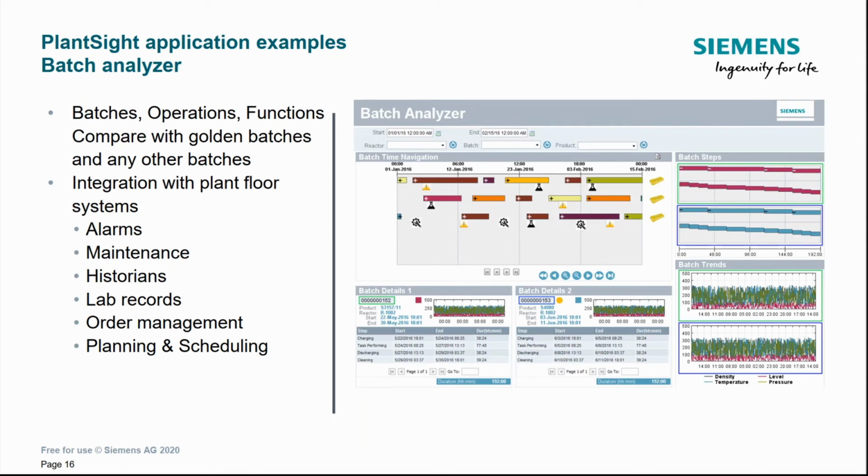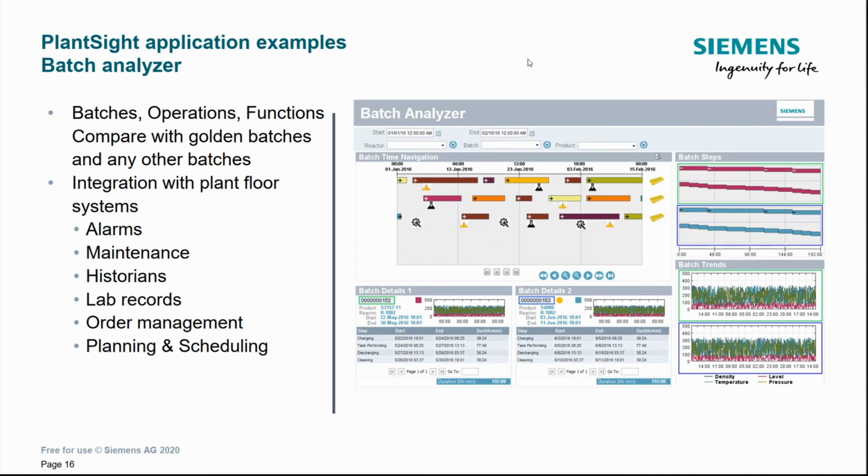We have additional applications that also allow monitoring of the batch during runtime and detecting deviations early, in order to prevent creating lots of waste, because we realize early that we won't reach the necessary quality in one batch, so that we can stop it or repair it or start some measures to prevent that.